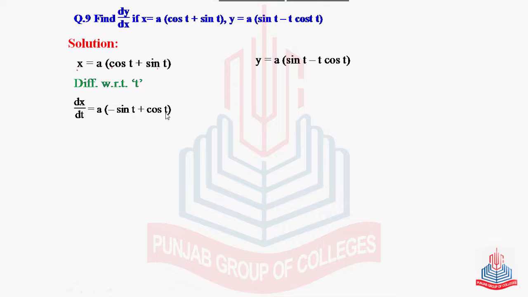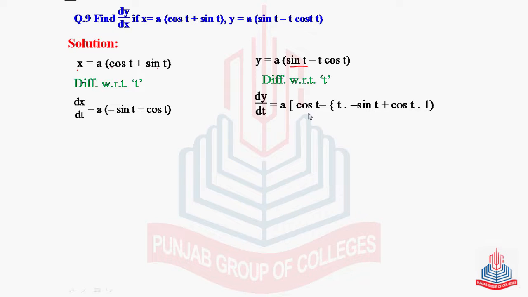And y is equal to a into sin t minus t cos of t. Differentiate with respect to t, we have dy by dt, a will be as it is, derivative of sin t will be cos of t, minus. Now when we differentiate t into cos of t, we will use our product rule. So first t will be as it is, and the derivative of cos is minus sin t, plus cos of t will be as it is, and the derivative of t is 1.